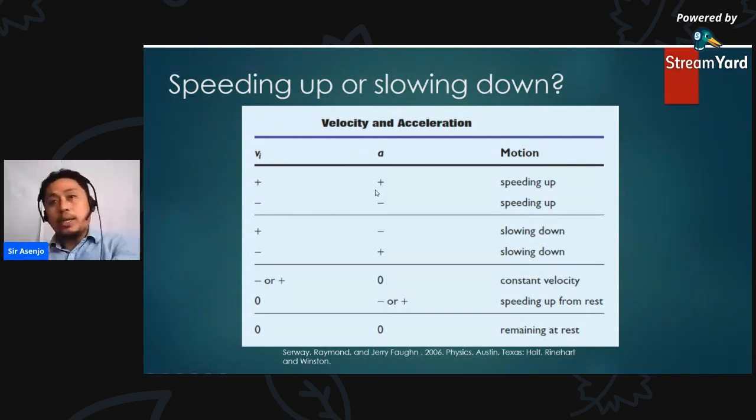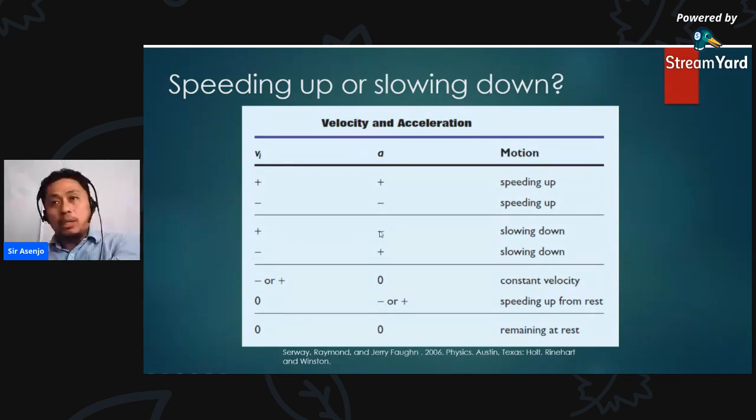Another case: negative velocity and negative acceleration. Still, the motion is speeding up. Why is that speeding up, sir? Remember, they are in the same direction. This is negative, this is negative, so they are in the same direction. That means the motion is speeding up. Just remember that. Now, let's have initial velocity positive, but the acceleration negative.